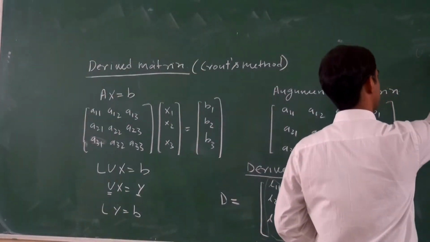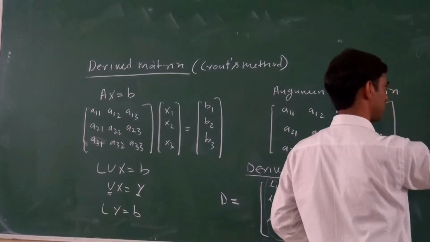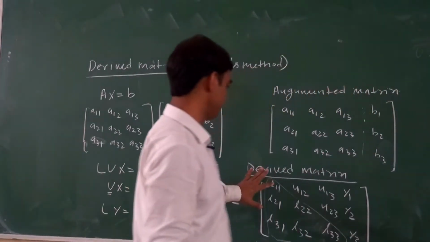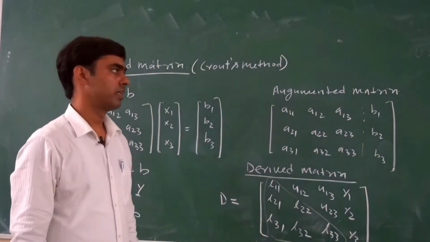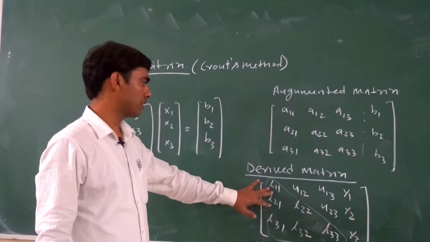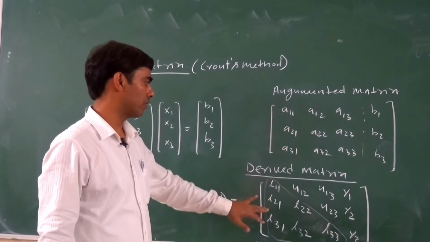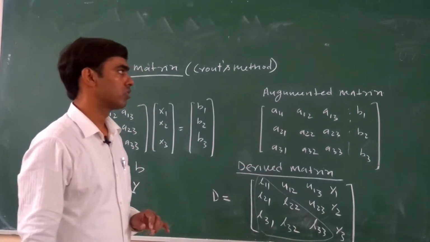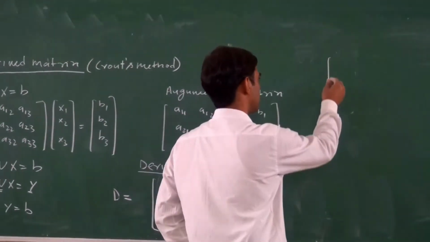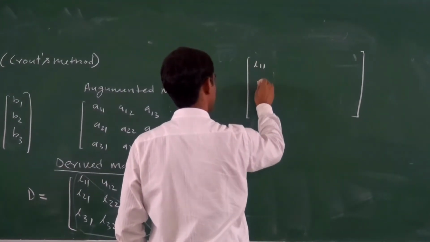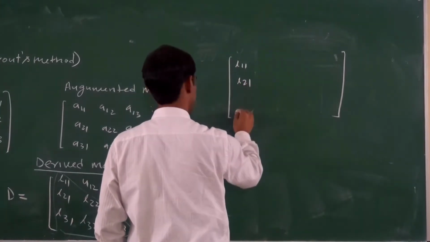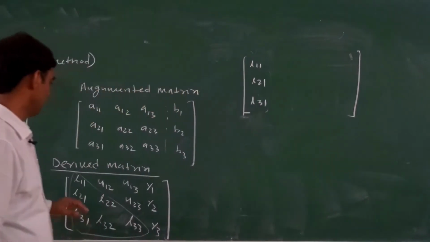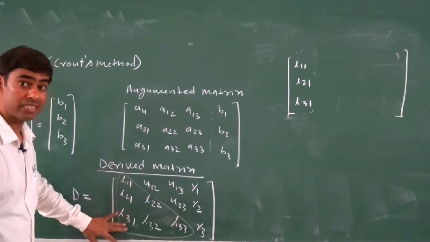He suggested a procedure. First we find the values of the first column, directly: L11 is A11, L21 is A21, L31 is A31. First we find the elements of the first column.